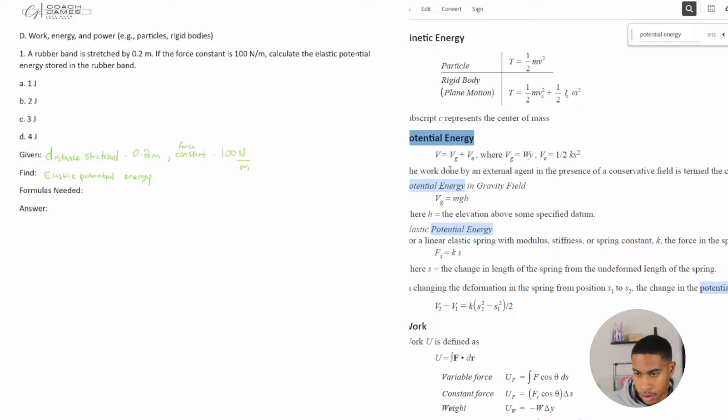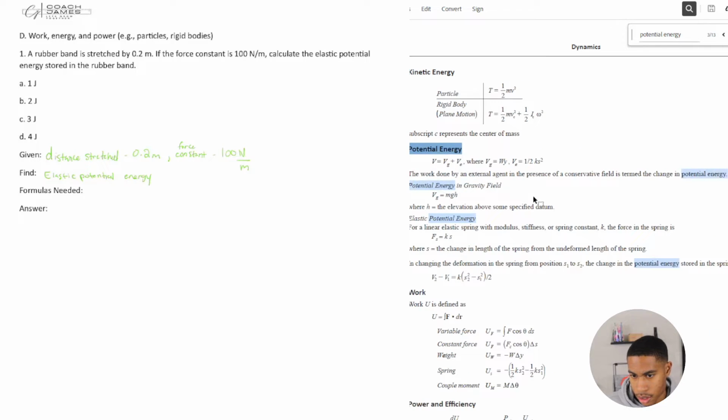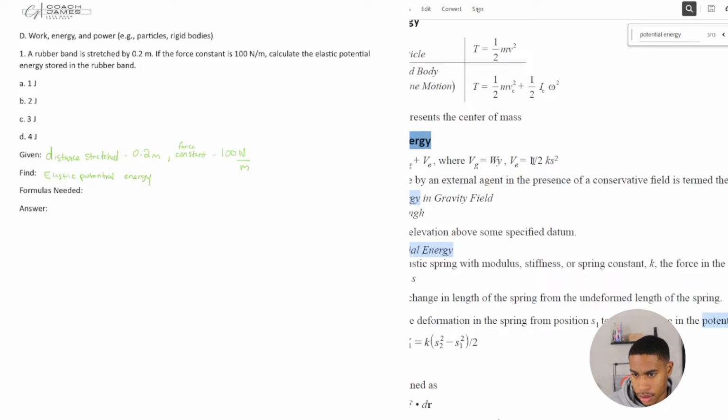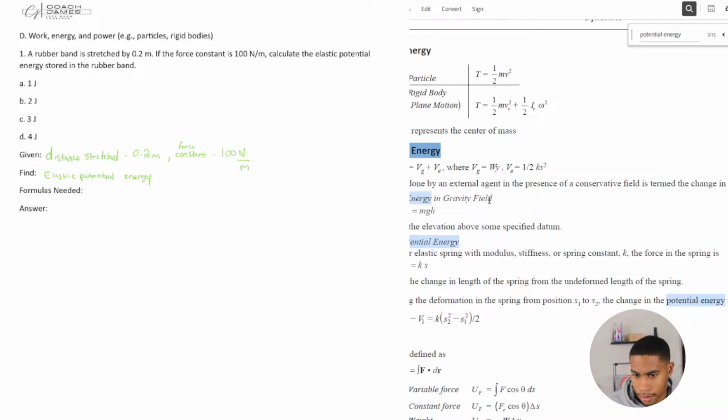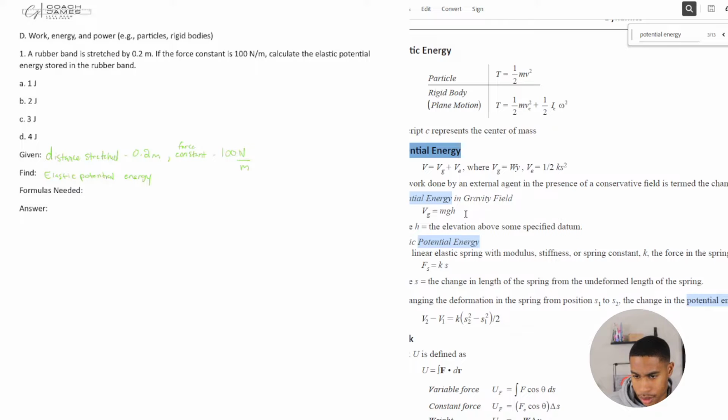V is the symbol for potential energy. You've got Vg, which is the potential energy in the gravitational field, and then you have Ve, which is denoted by the elastic potential energy.